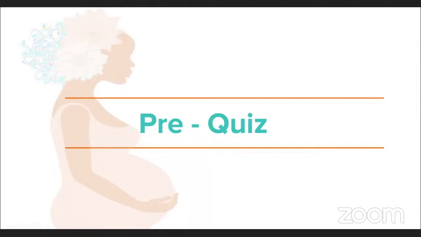Okay, the countdown begins. We have 10 seconds. 9. This is the slowest timer ever. 8. 7.